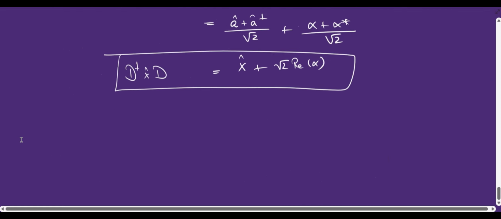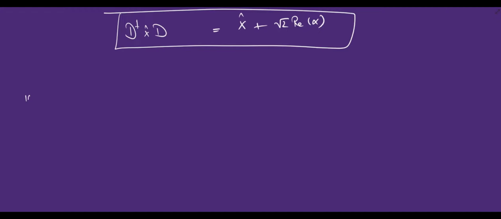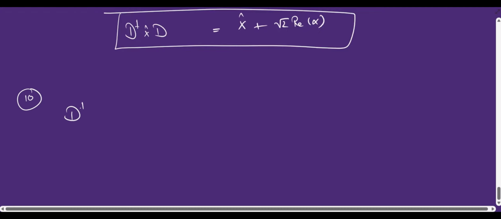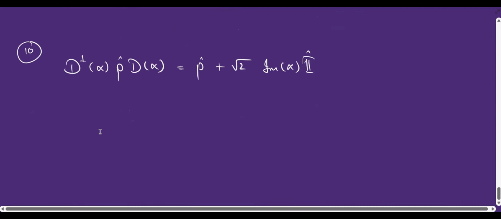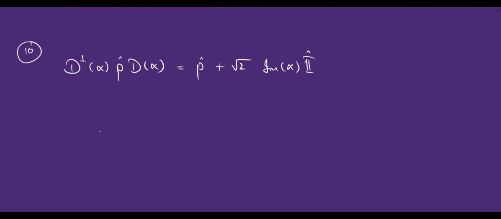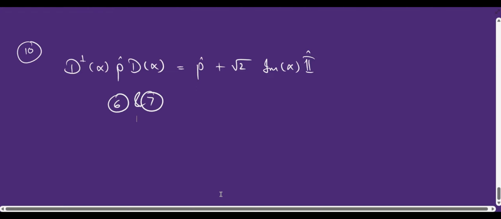Now let's move on to the next property. D dagger alpha acting on p cap d of alpha is equal to p cap plus root of 2 imaginary part of alpha times identity operator. Again, just use the definitions and you will get this. So 6 and 7, and use the method of the previous one and you will get this relation. Then I define two more operators, which are special cases of different displacement operators.